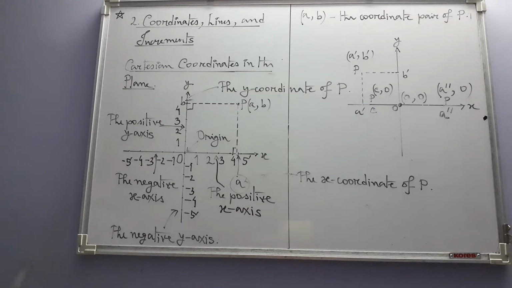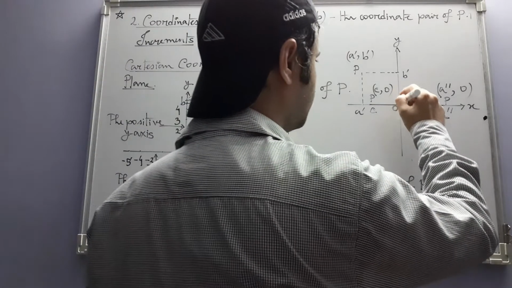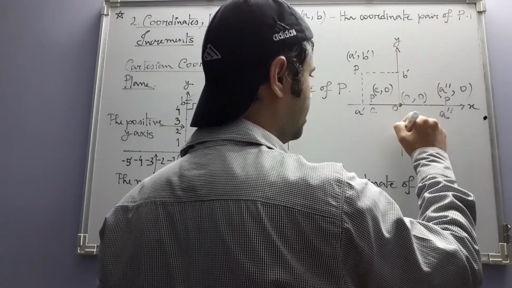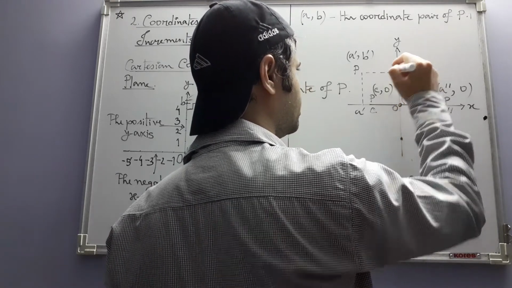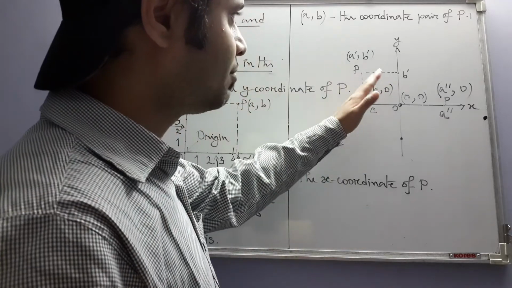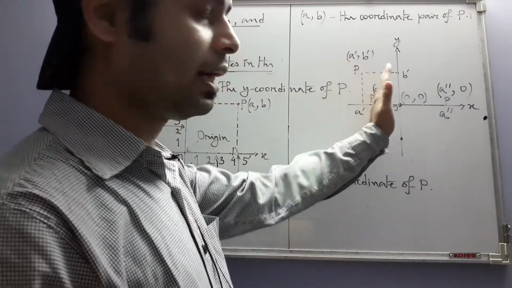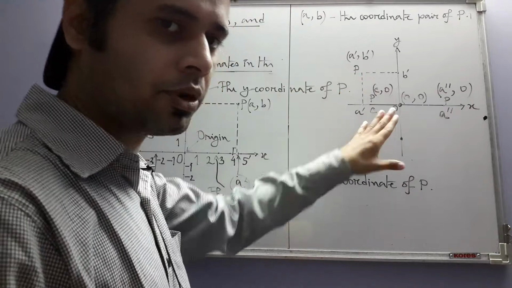In a similar manner, you can argue and you will find that if you take any point on the y-axis, either here or above the origin, the foot of the perpendicular drawn from that point on the y-axis will be the point itself.